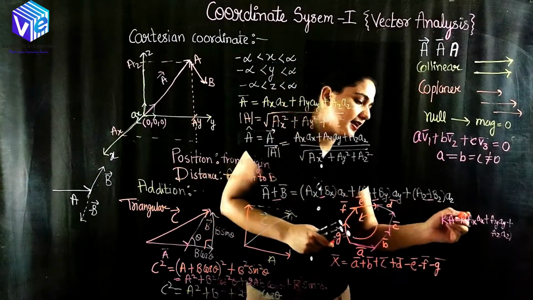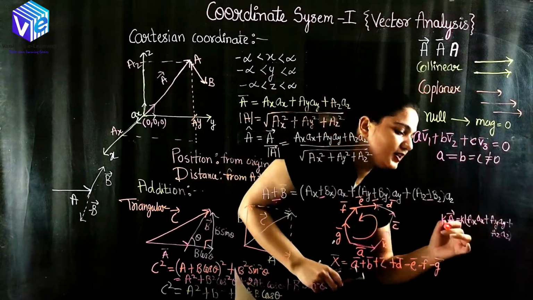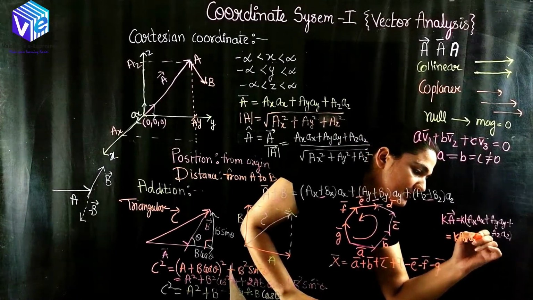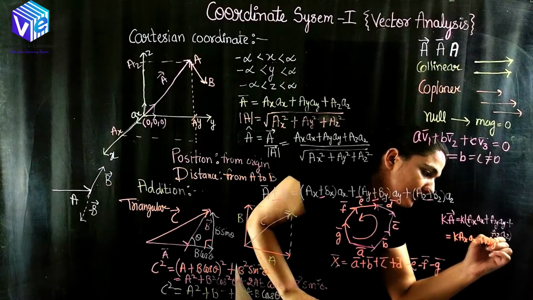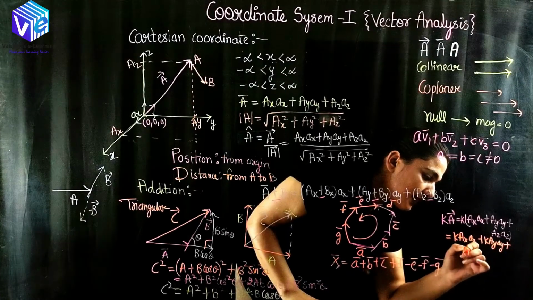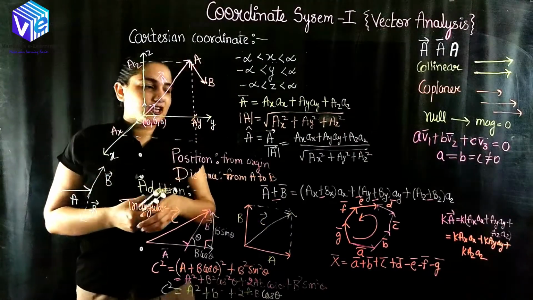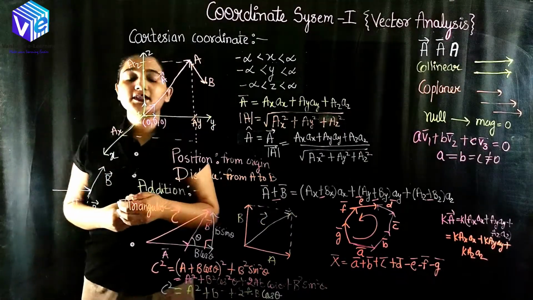So what happens here? K will multiply with each of the coefficients. So here I'll be having Kax, Ax plus Kay, Ay plus Kaz, Az. So this is the multiplication of any vector with a scalar.